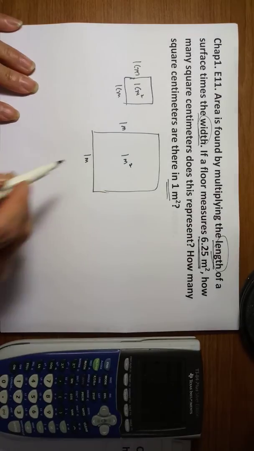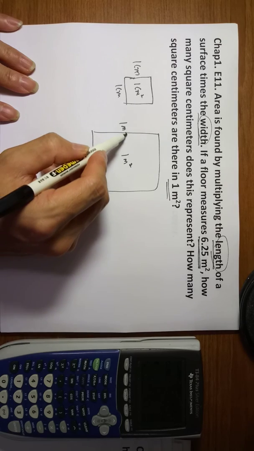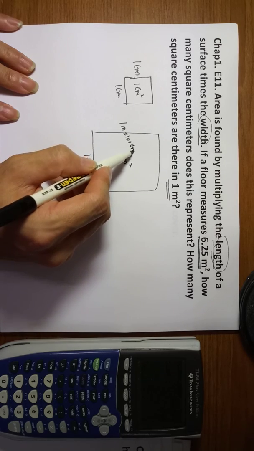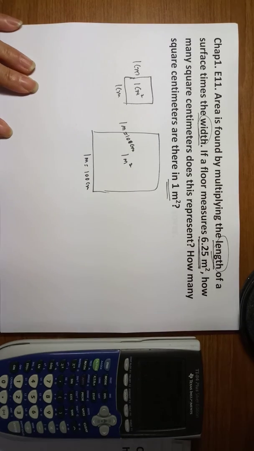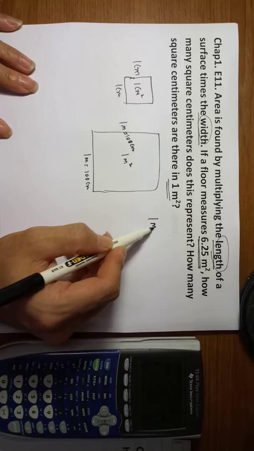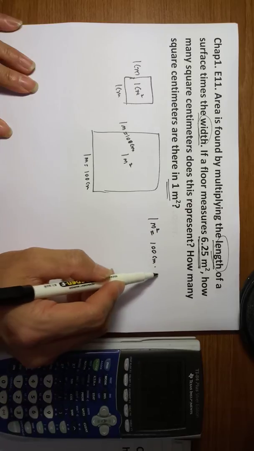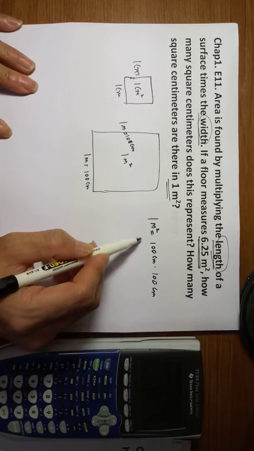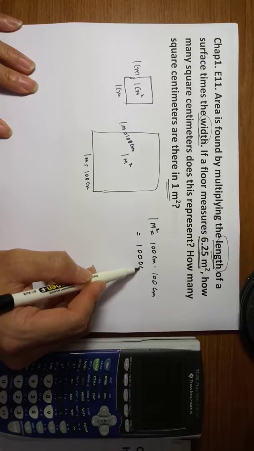But this one is 100 centimeter. This side is also 100 centimeter. So 100 centimeter times 100 centimeter becomes 1 square meter. 1 square meter equals 100 centimeter times 100 centimeter, becoming 10,000 square centimeter.